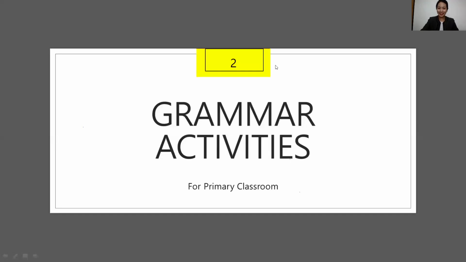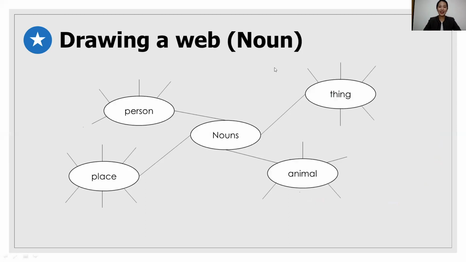The grammar activities. As you said, I remember that some of you answered that you're using this web. Very good. A web is very good for long-term memory as well, because while they're drawing the web and expanding their thinking, they build long-term memory.